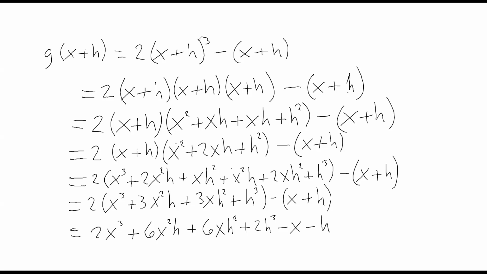Okay, so we got 2x cubed plus 6x squared h plus 6xh squared plus 2h cubed minus x minus h. And all of that again is just g of x plus h. So we have to take all of that stuff and take it to the next stage of calculating this difference quotient.